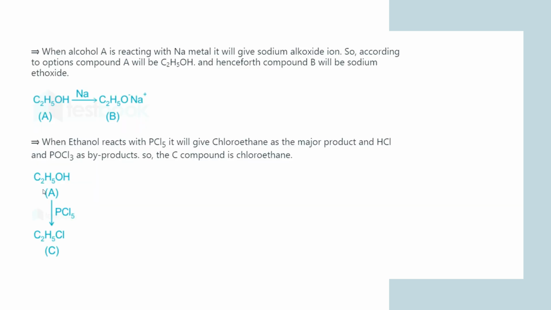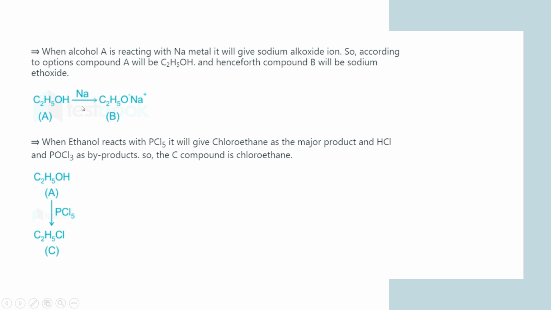Okay, and here you can see the very easy reaction mechanism, the pathway with which the reactions occur. Like it says, when alcohol A is reacting with sodium metal, it will give sodium alkoxide, like here you can see.